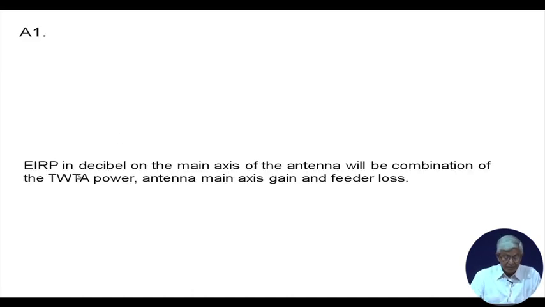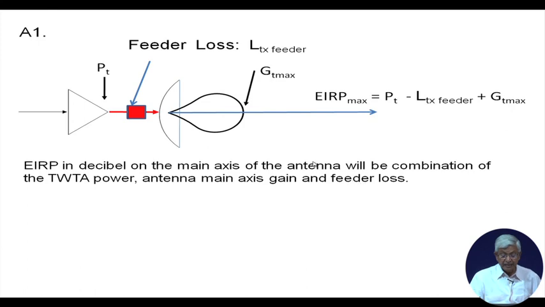So, EIRP in dB on the main axis of the antenna will be the combination of TWTA power, that is the power amplifier output, the main axis antenna gain, and the feeder loss. Let us see the picture. This is the TWTA power amplifier, its output is PT at the output point of the power amplifier, and the equivalent of all the losses up to the antenna is put as a feeder loss, this red feeder loss.